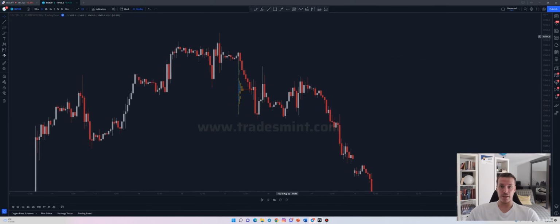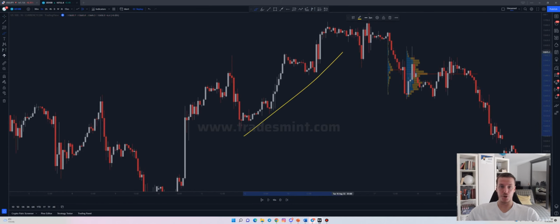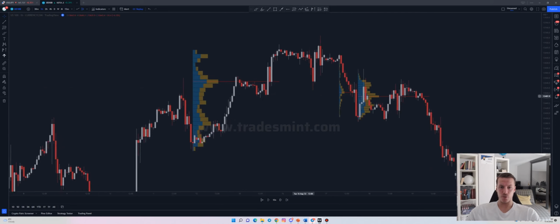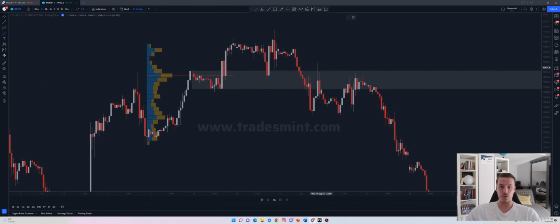Then we have consolidation, which is right here. So we drag it from the start of the consolidation to the end of the consolidation. We have another push phase. So from the start of the push to the end of the push. Here we have it. So basically, look, we have another distribution, supply and demand, and look how well this was respected and how well it played out.